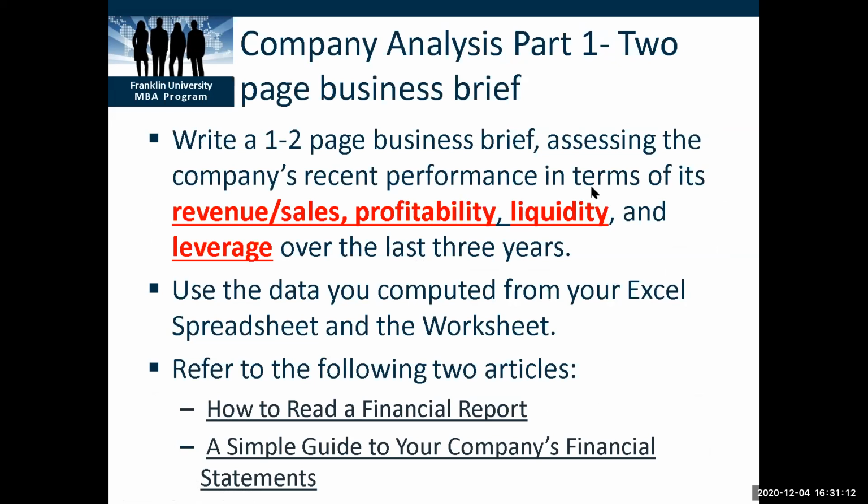In the brief, you will need to assess the company's recent performance in terms of its revenues, sales, profitability, liquidity, and leverage over the last 3 years. You do not have to do any computation for this, but those discussion points you need to generate from the Excel worksheet.